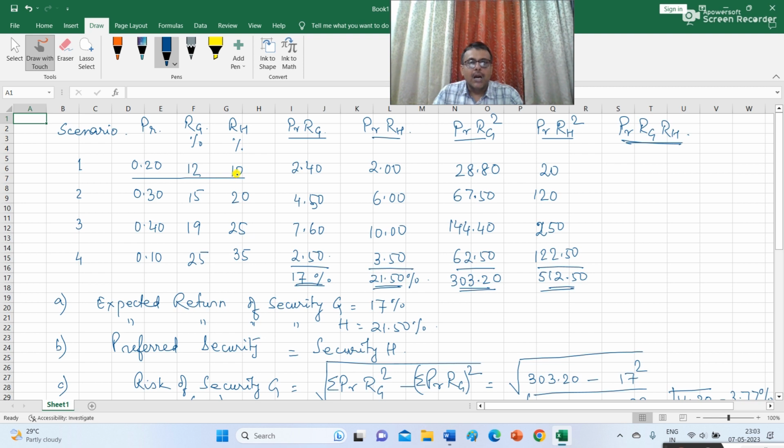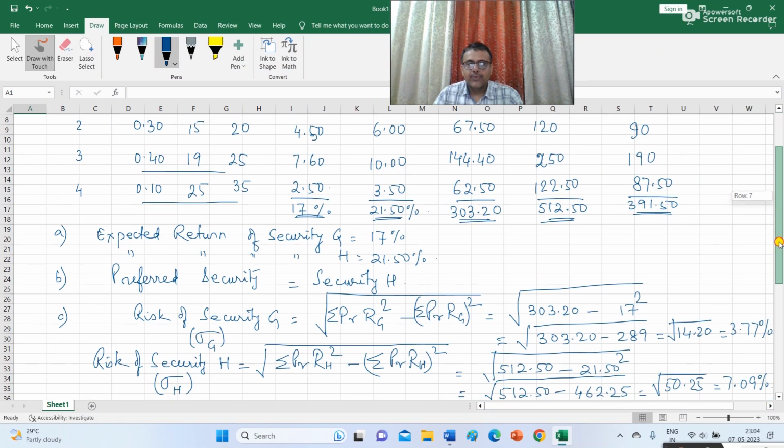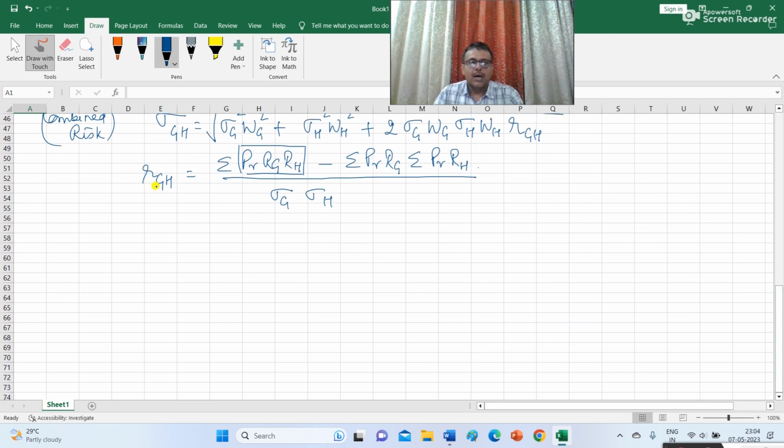So 12 times 10 is 120, multiplied with 0.2 is 24. 15 multiply with 20, then with 0.3, you will get 90. Then 0.4 multiply with 19 and 25, you will get 190. 0.1 multiply with 25 and 35, you will get 87.50. And the sum total of these four items is 391.50.